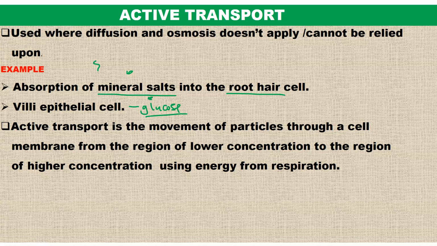Now, what is active transport? Active transport is the movement of particles through a cell membrane. Very important that it involves the living cell, or cell membrane, from the region of lower concentration to the region of higher concentration.